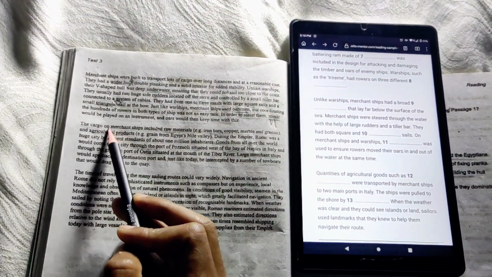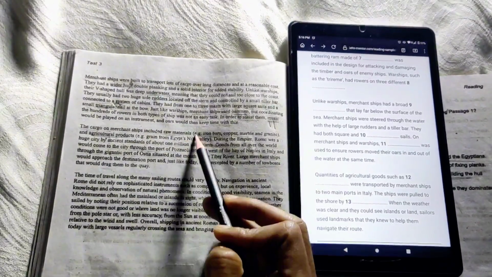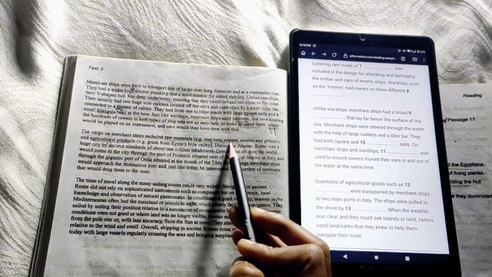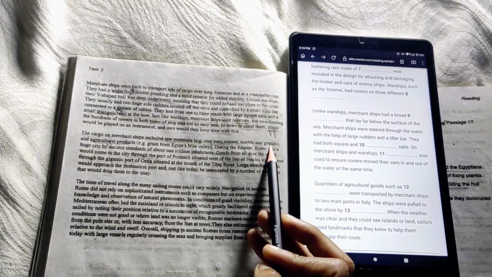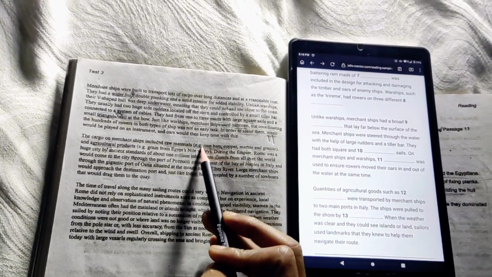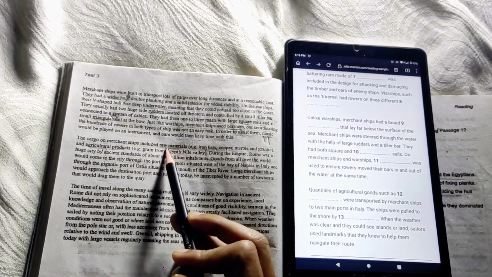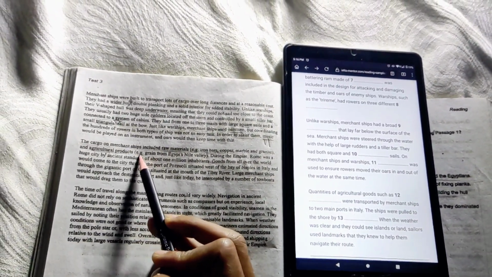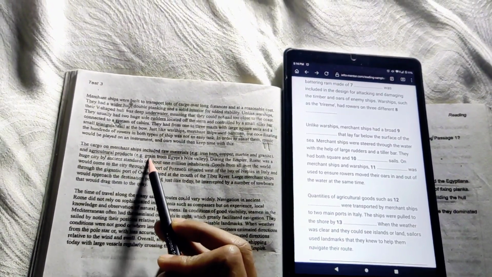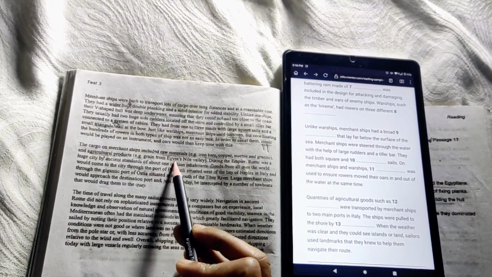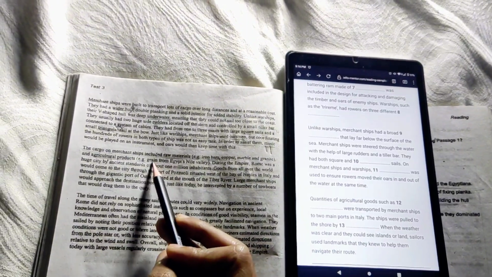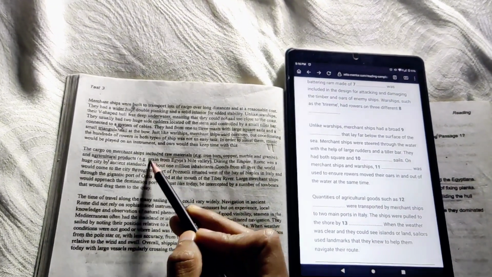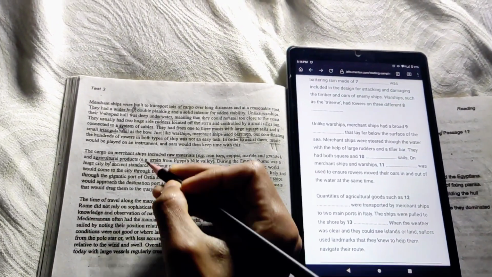The cargo on merchant ships included raw materials, such as iron bars, copper, marble, and granite. That's the example about the raw materials. Then there are the agriculture products, for example, grain. The answer will be grain, grain from Egypt, the Nile Valley. So the answer is very easy. It will be grain. So that's number 12.